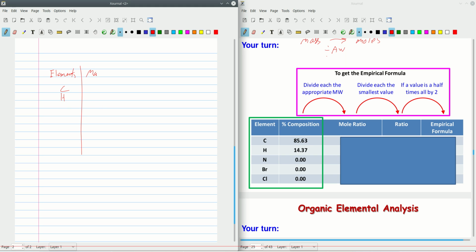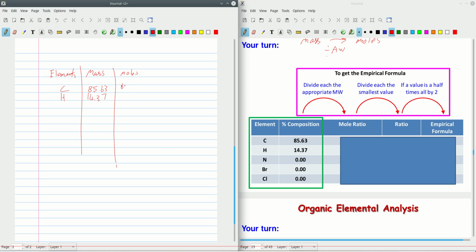You then need the mass, which, remember, is just mass out of 100, so you can treat it as raw mass. So we've got 85.63 and 14.37.